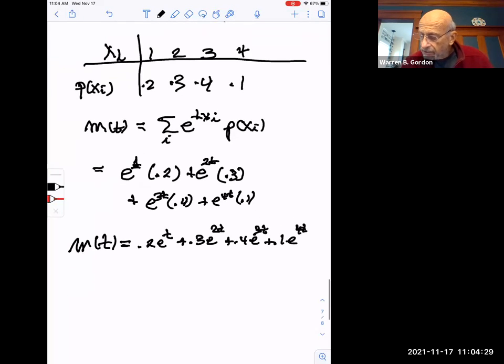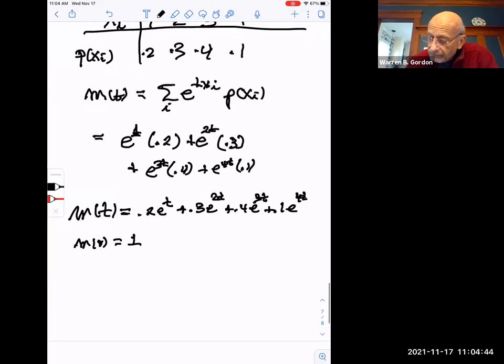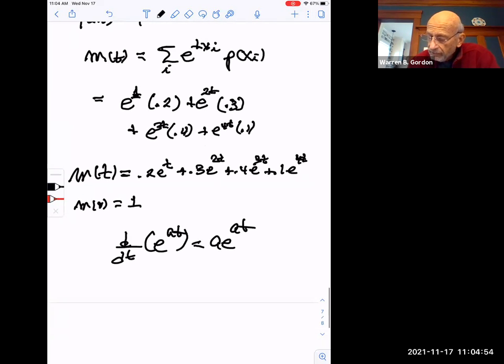Now make some observations. Firstly, notice M of 0 is 1. Remember, e to the 0 power is 1. If I take the derivative, let me remind you that the derivative of e to the at is a e to the at. That's from calculus 1. So if I take the derivative, M prime of t, what do I get?